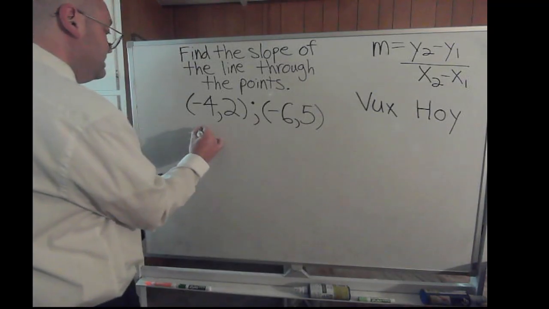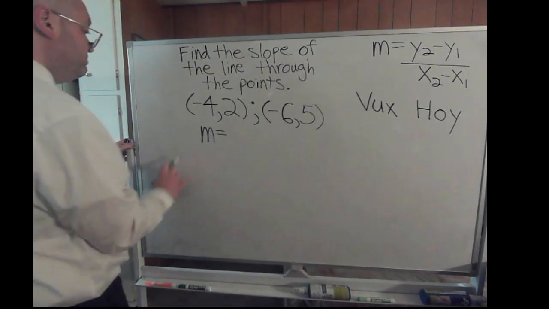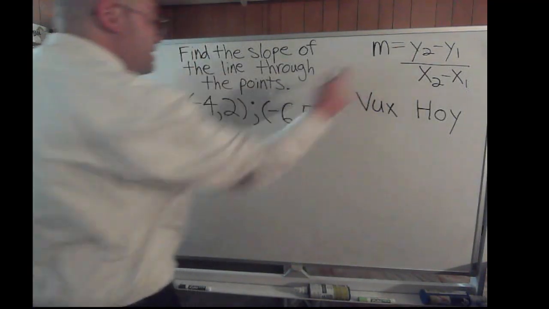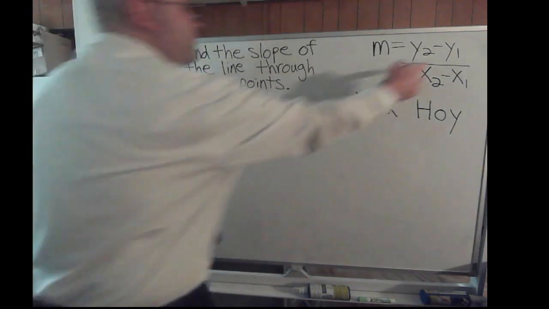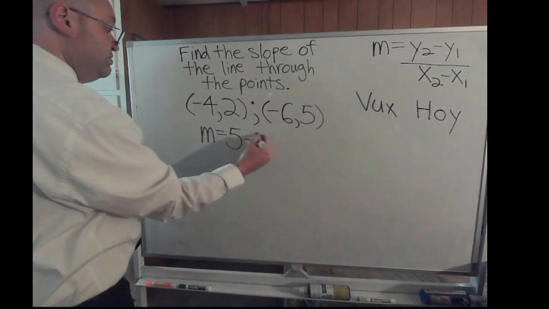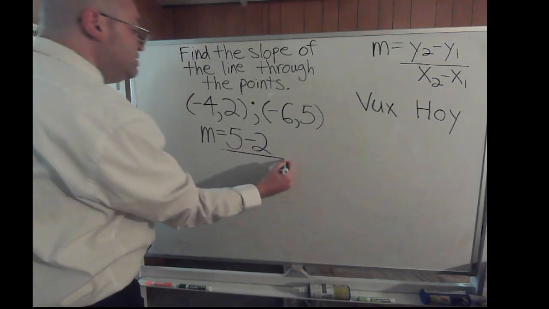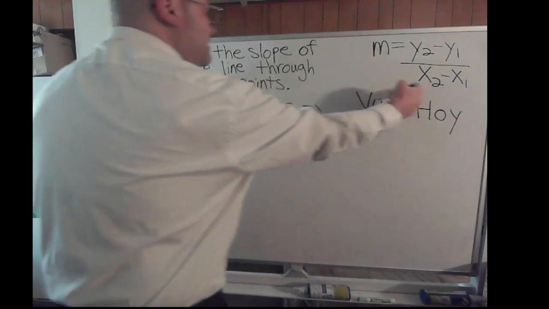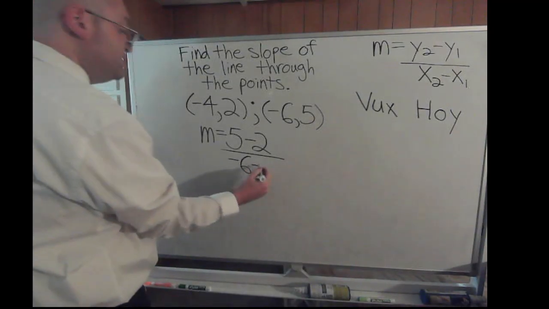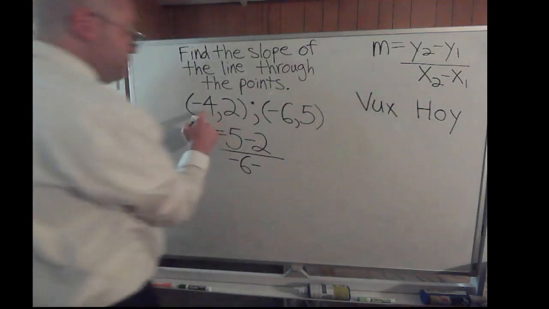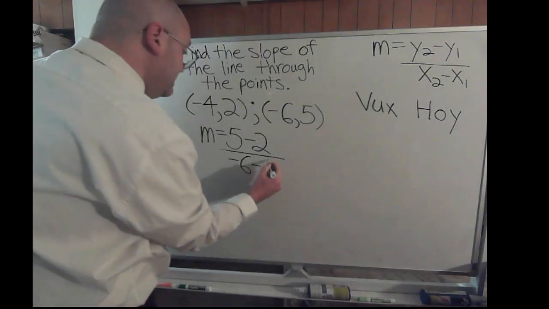So m is the slope. That's going to be equal to your second y coordinate, which would be 5, minus your first y coordinate, which would be 2. So you have 5 minus 2 all over your second x coordinate, which would be negative 6, minus your first x coordinate, which would be negative 4.